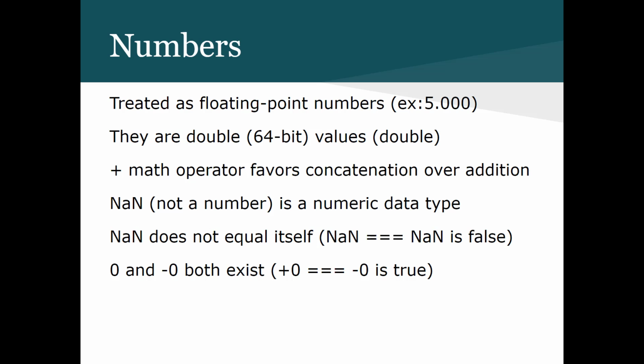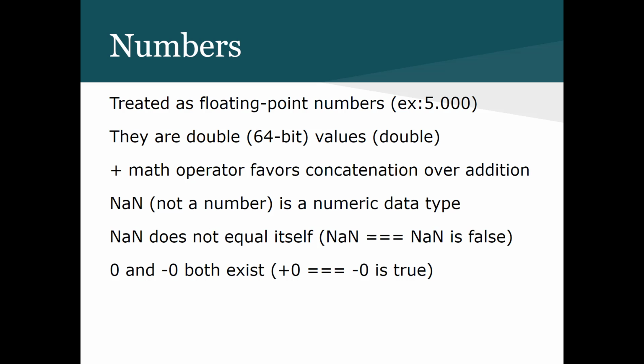Internally, JavaScript engines optimize and do distinguish between floating point numbers and integers, but that is something that programmers don't see. JavaScript numbers are double 64-bit values based on the IEEE standard for floating point arithmetic, IEEE 754. That standard is used by many programming languages.